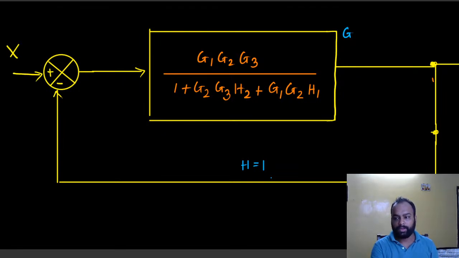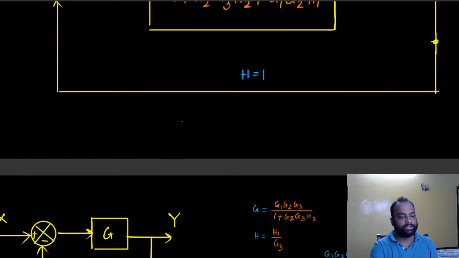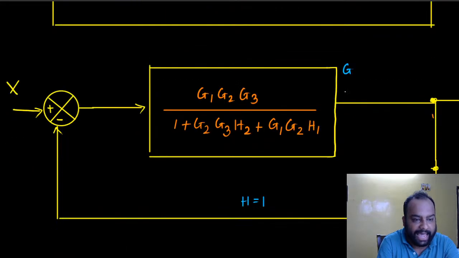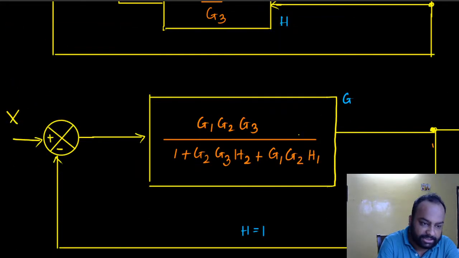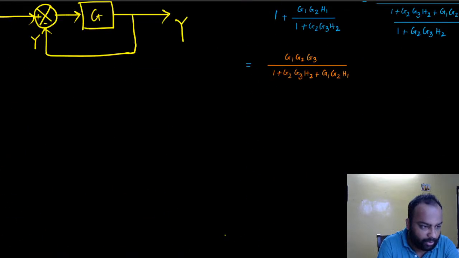So now, with that said, if I reduce everything, the total block diagram becomes this. So we have reduced everything, right? This entire thing is now a single feedback loop, and the forward transfer function is G and the feedback is H, but H is 1 in this particular scenario.